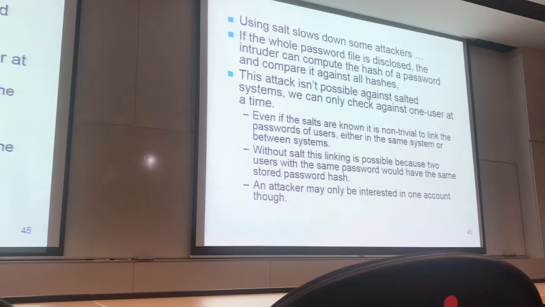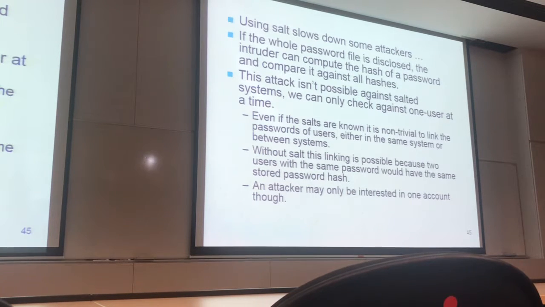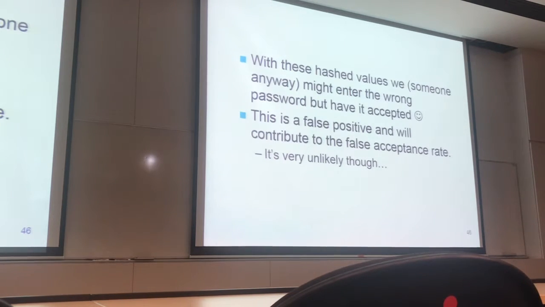In particular, the attacker cannot use one hash value to check against the whole group of users, and also cannot easily tell whether two users use the same password by simply looking at the hash table. This is the reason for using salting.